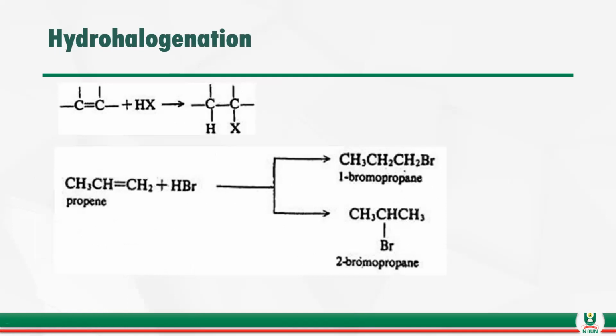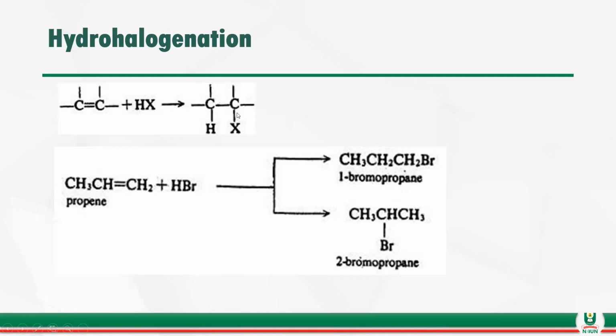Hydrohalogenation. In hydrohalogenation, you are introducing hydrogen and a halogen. An example of a reagent that can be used for hydrohalogenation is HCl, a halogen acid. Okay, so you can see what you have here. You can see the products.